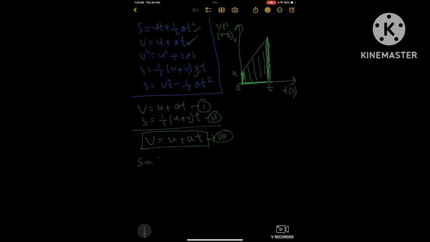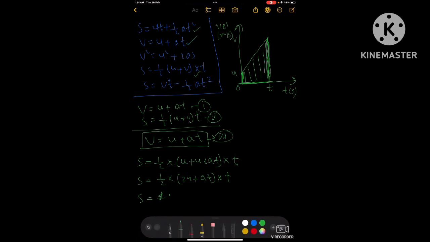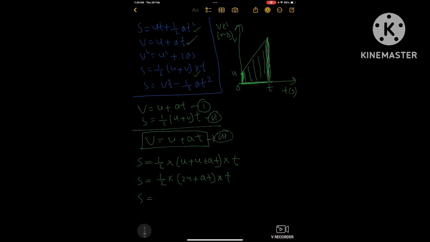Substituting v equals u plus at into equation 2, s equals 1/2 (2u plus at) t. Now if you multiply this out, you will get s equals ut plus 1/2 at squared. The third SUVAT equation we have just derived.